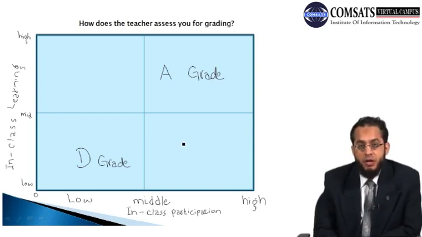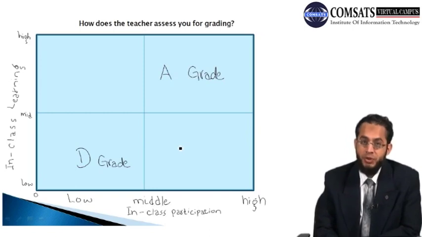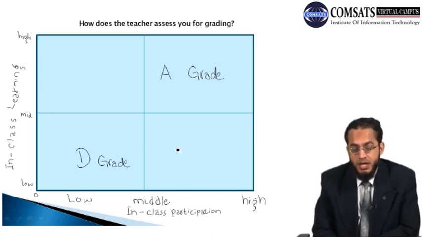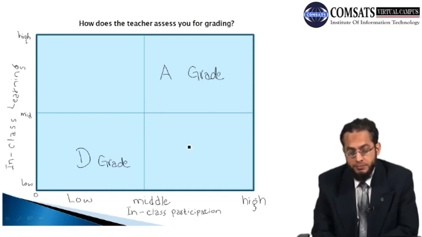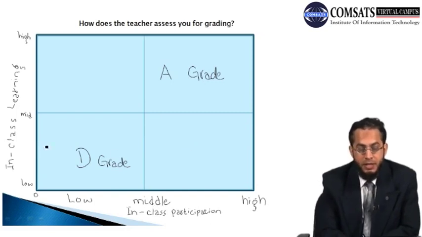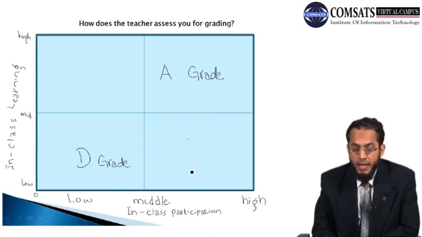Similarly, if we consider this quadrant, anyone who is falling in this quadrant is showing what? He or she is showing low in-class learning, right? But high in-class participation.